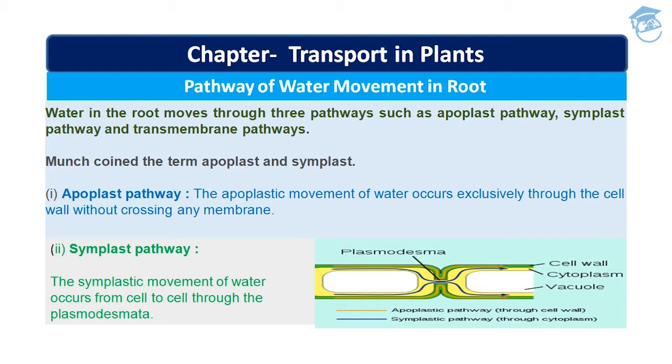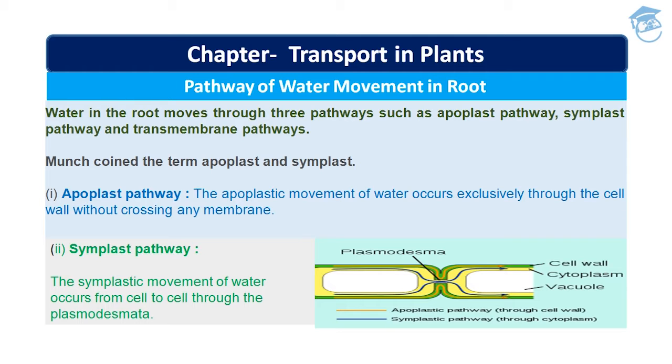This orange line represents the apoplastic pathway that goes through the cell wall. See, it is not going inside the cell. Can you see that it is going inside the cell wall? No, it does not interfere with the cell cytoplasm.